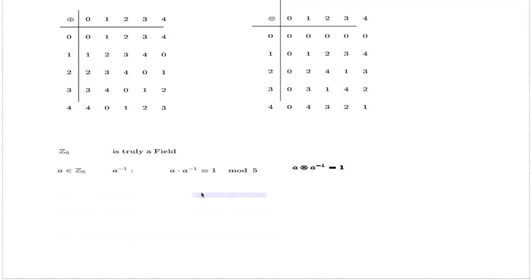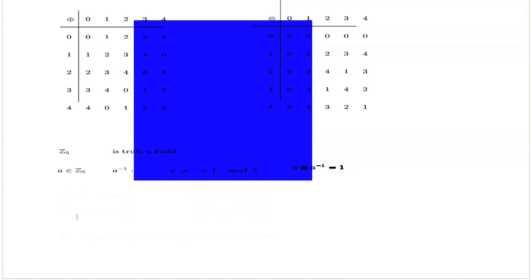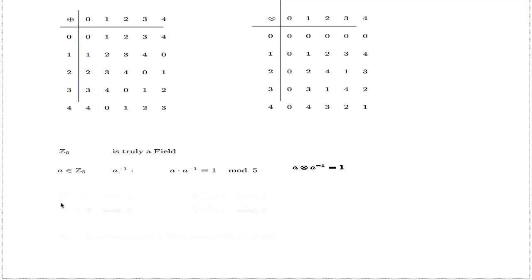This is relatively simple. For instance, look at element 1. What should I multiply 1 with in order to end up with 1? Well, obviously 1 is here. So in order to end up with 1 after multiplication, this 1 must be multiplied with 1 again. So the inverse of 1, something quite expectable, is just 1.